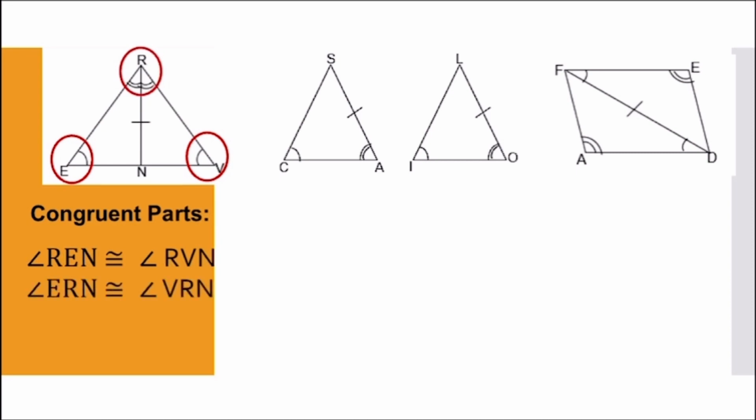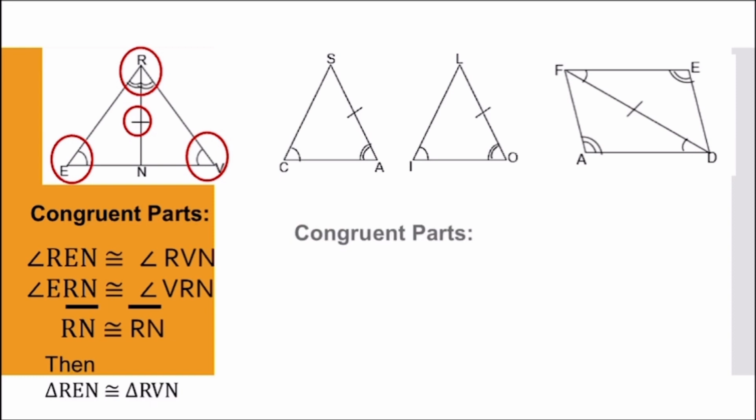We have angle ERN is congruent to angle VRN, which is our second pair of congruent angle. And line segment RN is congruent to line segment RN by means of reflexive property. And that is our pair of non-included side. Then, the triangle REN is congruent to triangle RVN.